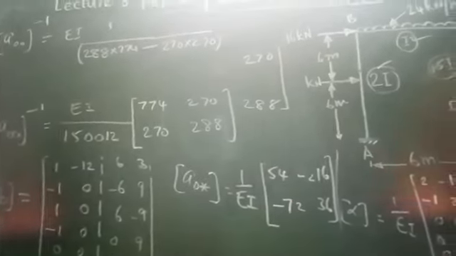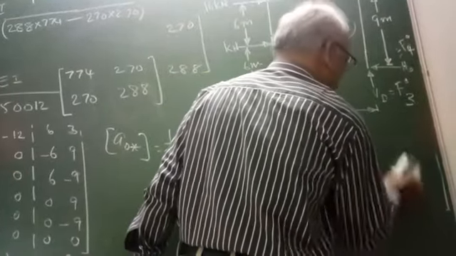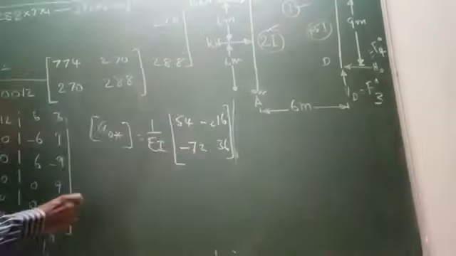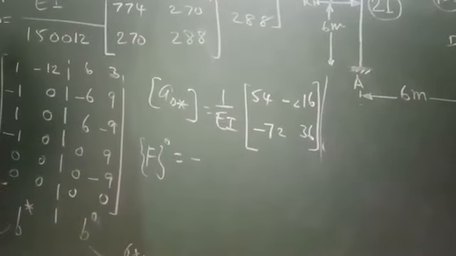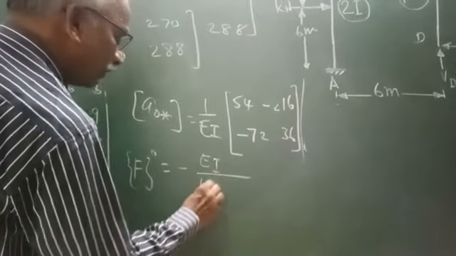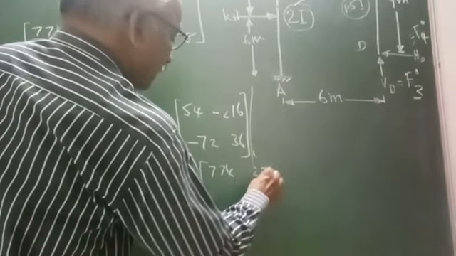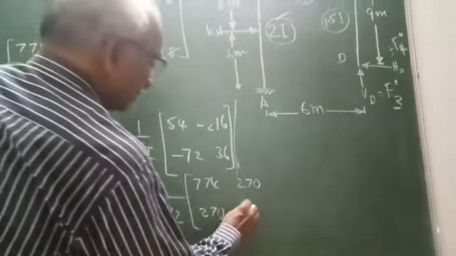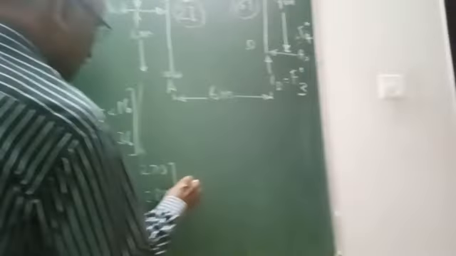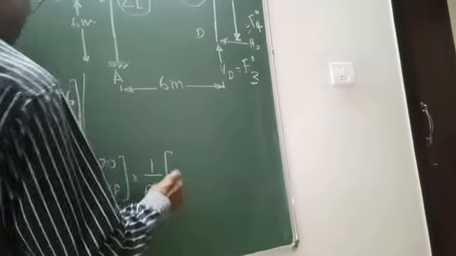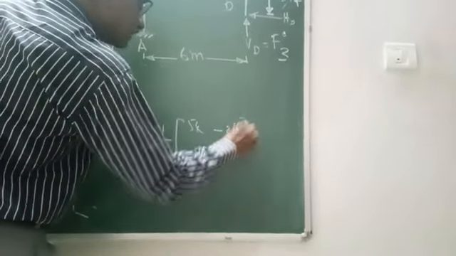Now the redundant force F naught is equal to minus of A naught naught inverse into A naught star, which is minus of EI by the determinant into 774, 270, 270, 288, times 1 by EI into 54, minus 216, minus 72, 36, into F star.